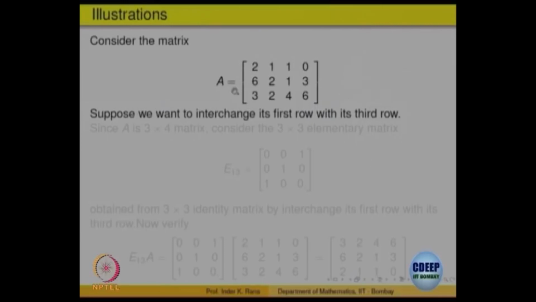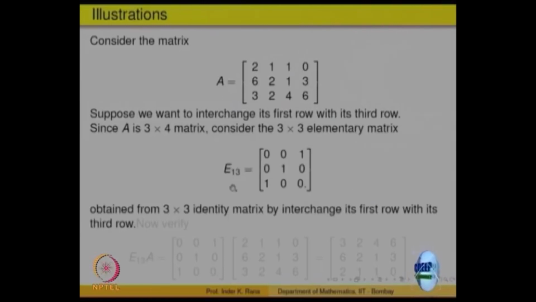So, A is the matrix, we want to interchange its first row with the third row, pick up the corresponding elementary matrix, right. So, what should the corresponding elementary matrix be? It should be E 1 3, right. That means, in the identity matrix of order 3 cross 3, 3 is the number of rows, I have to interchange the first with the third one. So, when I interchange, this is what E 1 3, the elementary matrix, will look like.